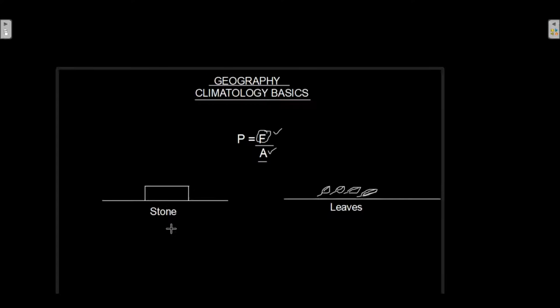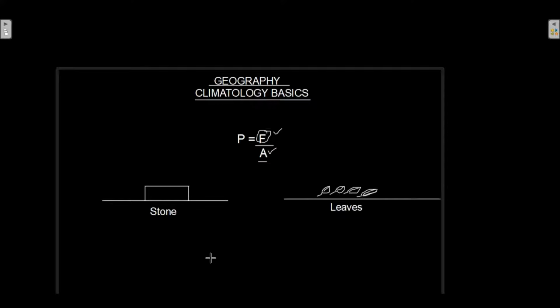I have two examples here: a stone on the left and a leaf on the right. The question I would ask you is, which object between these two applies more pressure to the ground?